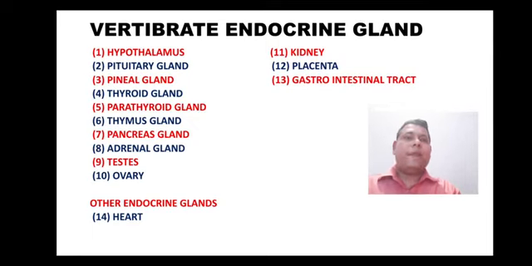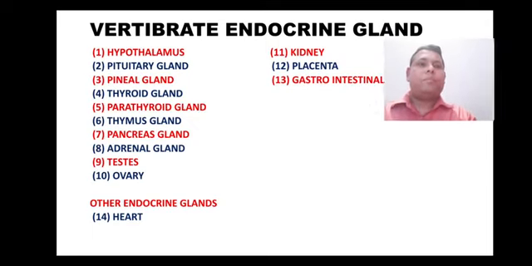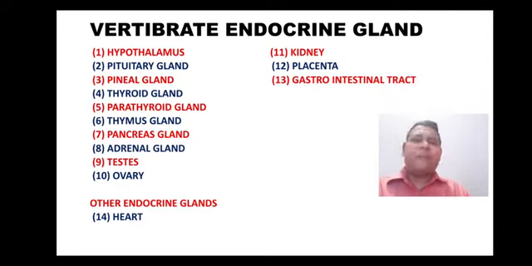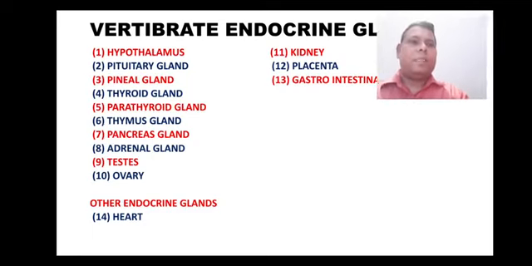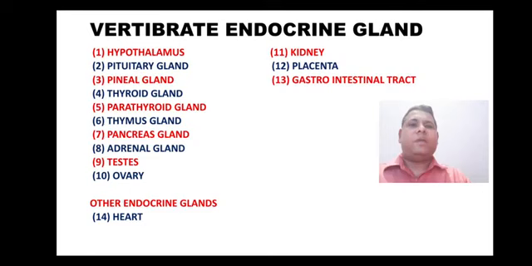Vertebrate endocrine glands. The different kinds of exocrine and endocrine glands found in the human body are: 1 hypothalamus, 2 pituitary gland, 3 pineal gland, 4 thyroid gland, 5 parathyroid gland, 6 thymus gland, 7 pancreas gland, 8 adrenal gland, 9 testes, 10 ovary.